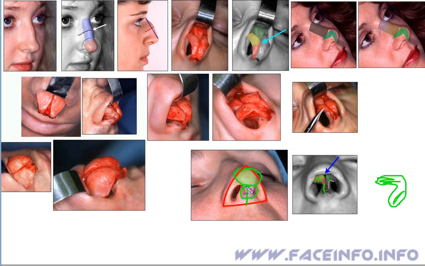By the way, when rhinoplasty is done by the open method, the cut to lift the skin and get access to the cartilages is made in the narrowest part of the columella, so that the scar isn't seen.